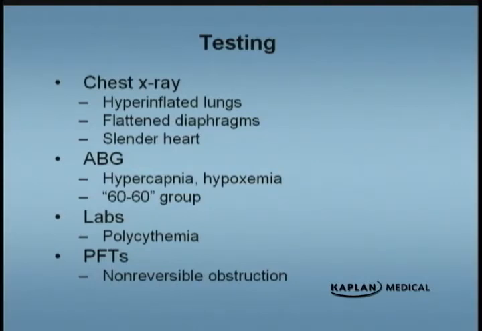In the ABG, hypercapnia and hypoxemia. The thing to remember is that these patients, especially the patients with chronic bronchitis, fall into that 60-60 group. You know that their CO2 is equal to their O2, right? 60 of CO2, 60 of O2. That's the typical finding.